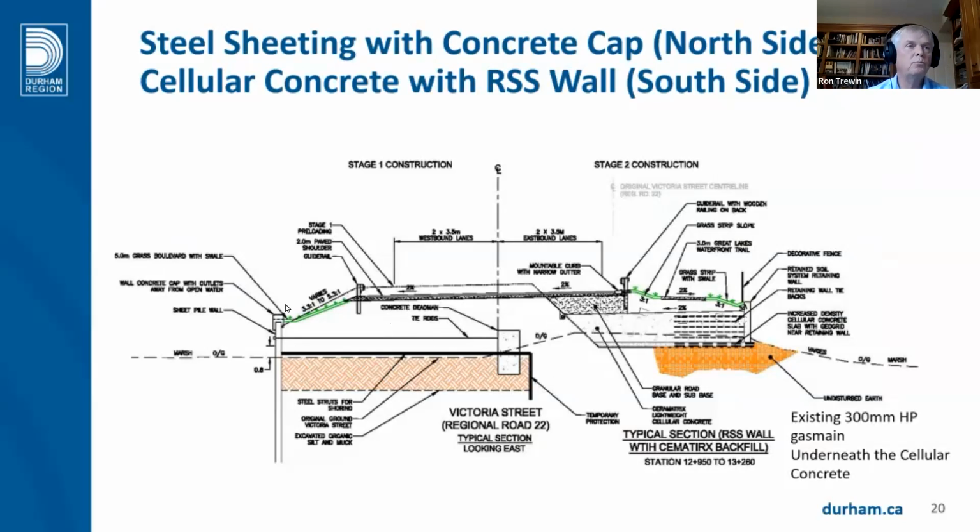This was constructed with sheeting and with tiebacks, and we also had to use steel struts. Basically we had to use steel struts in here and also tiebacks, and I'll get into that. And this is lightweight cellular concrete. And underneath is the existing gas main, a 300 millimeter gas main, which is one of the older gas mains in the region of Durham.